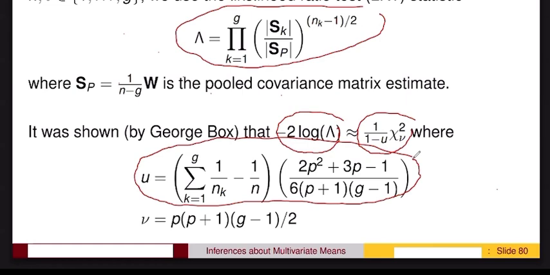And in the chi-square, the degree of freedom is V, so I need to be able to determine that V. So U and V here depend on P and G, so I need to pay attention to that.